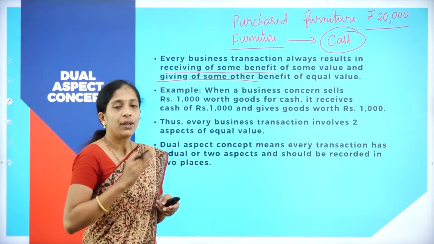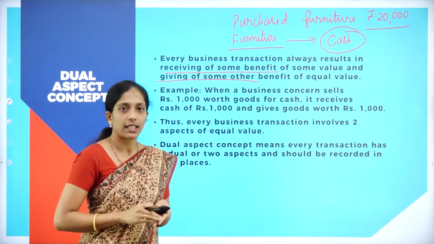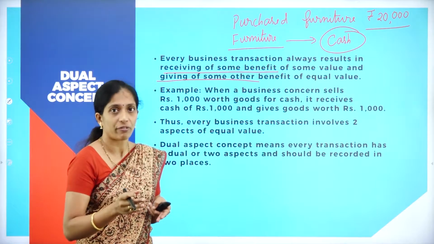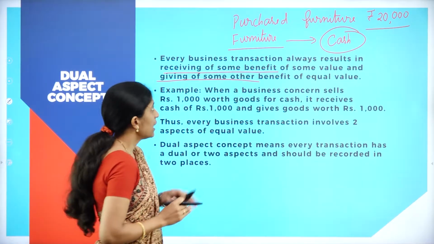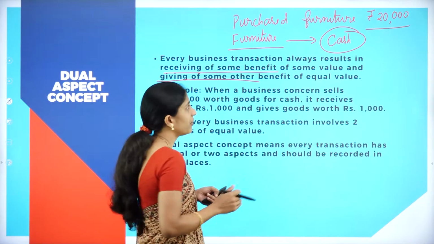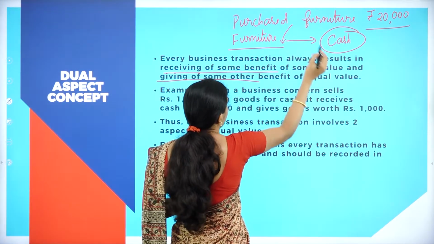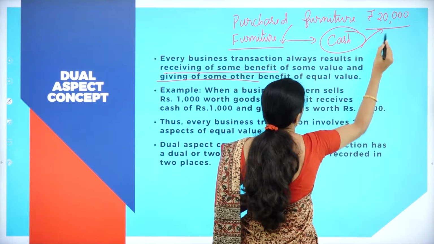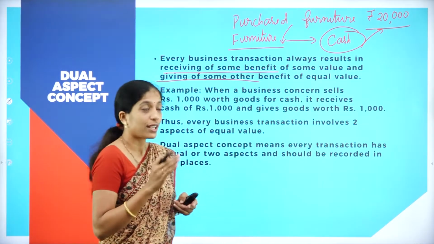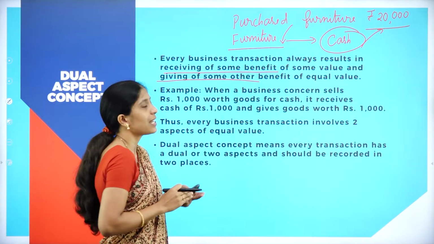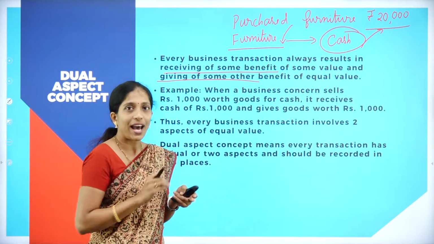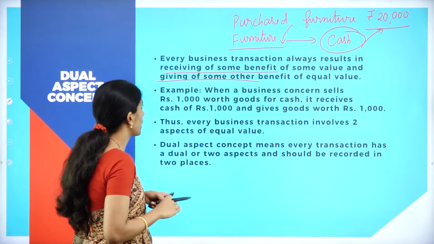In the same way, we will record those transactions in the books of account which has two effects. One is taking effect and the other one is giving effect. If you see the example itself, furniture comes into the business whereas cash goes out of the business. So, these transactions should have certain value, because in this transaction, the value is worth rupees 20,000.